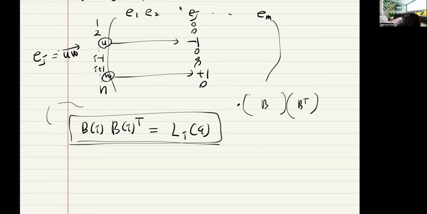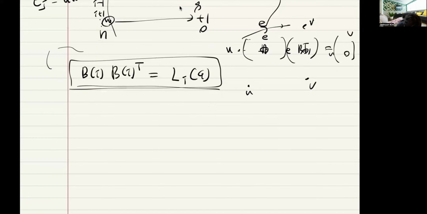Consider U and V, and take each edge E from U to V. If you consider that specific E, then one coordinate is -1 and the other is +1.